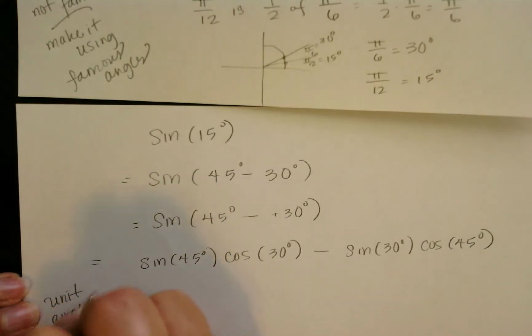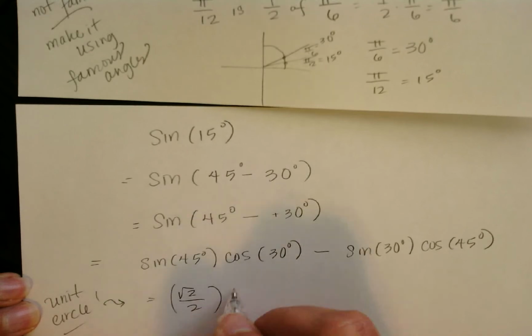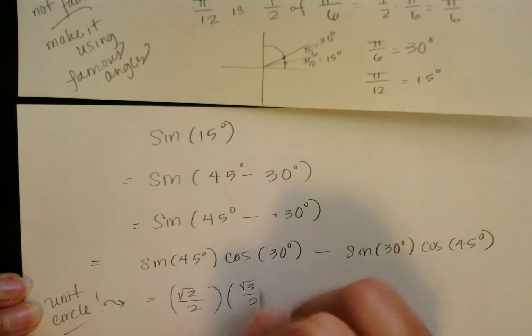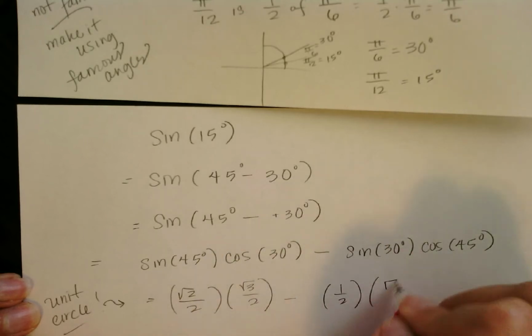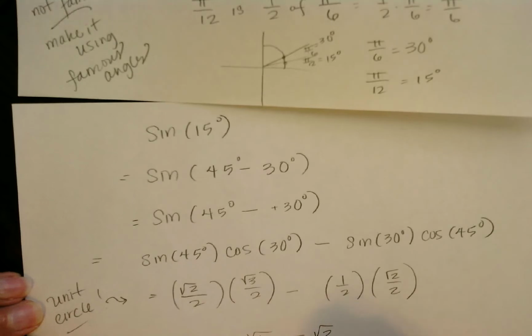These are famous degrees now. Square root of 2 over 2 times cosine of 30. We just did this. Square root of 3 over 2 minus sine of 30, 1/2, times square root of 2 over 2. Square root of 6 minus square root of 2, both of them over 4.